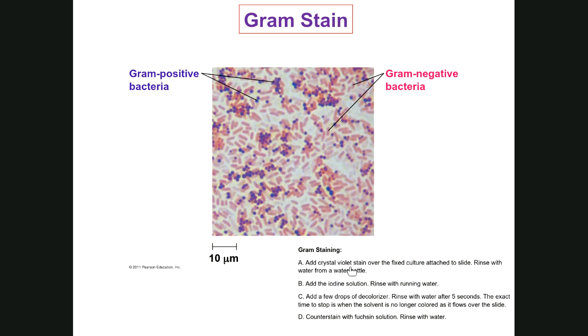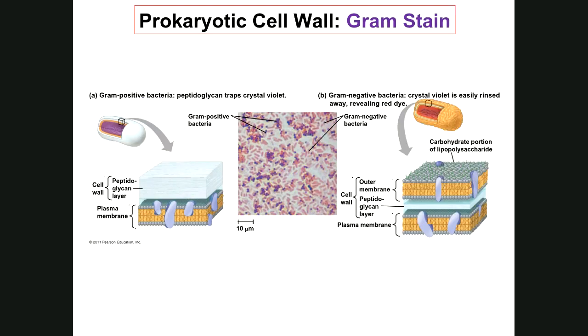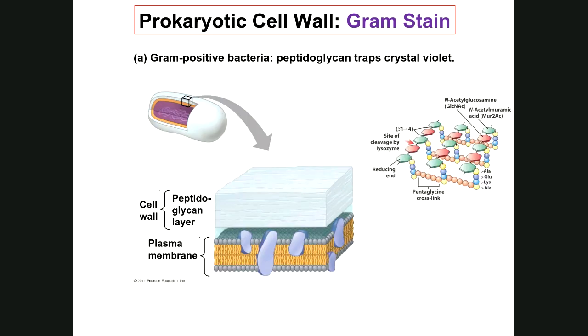One protocol I came across for gram staining is they would use a chemical stain or dye called crystal violet, and they would use another chemical stain or dye called fuchsin solution. In between using these two stains, they would use a destain or a decolorizer. Okay, so the way it works, it shows you gram-positive versus gram-negative. If it's a gram-positive bacterium, its cell wall is made up of just peptidoglycans.